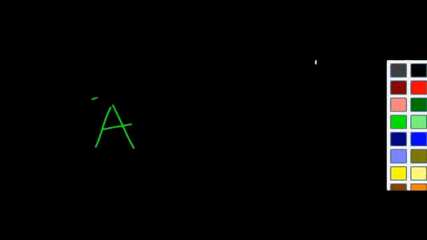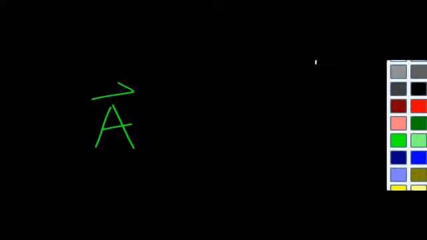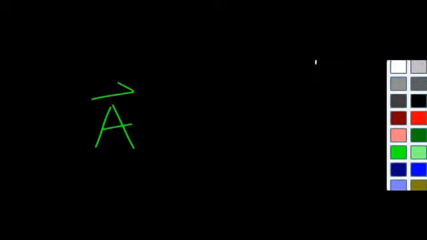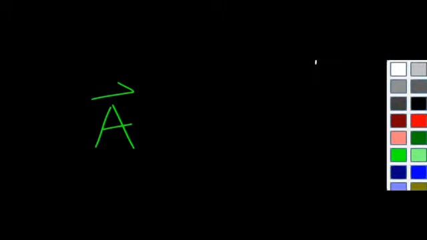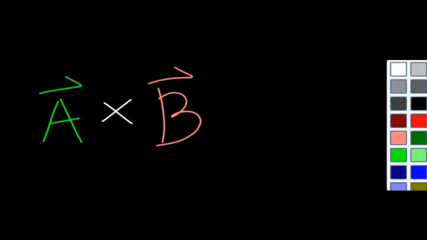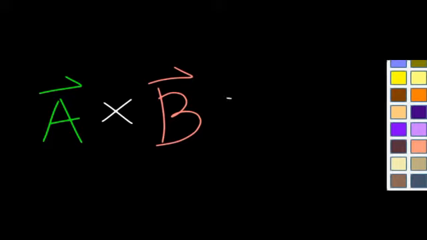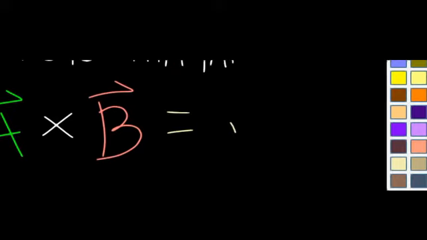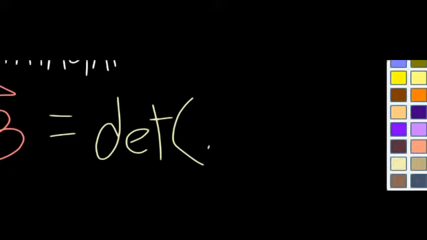So let's get two vectors in our scratch pad, vector A and vector B. With this color, A cross B, this color, they are beautiful colors, is equal, this is one of the notations, to the determinant of vector A and vector B.